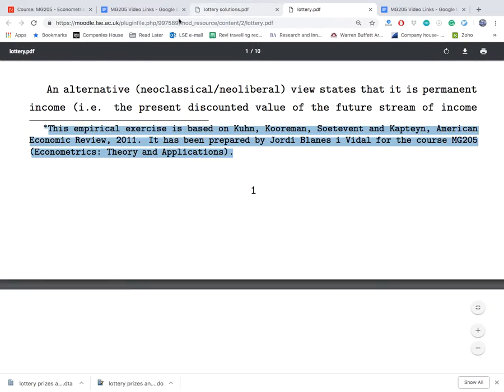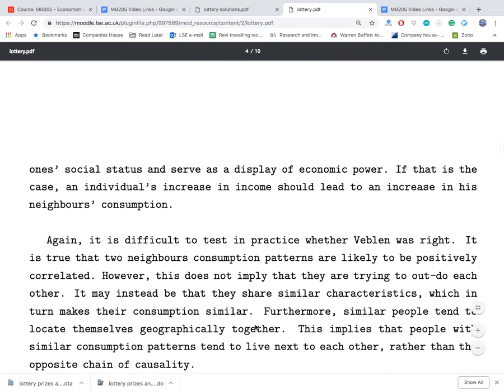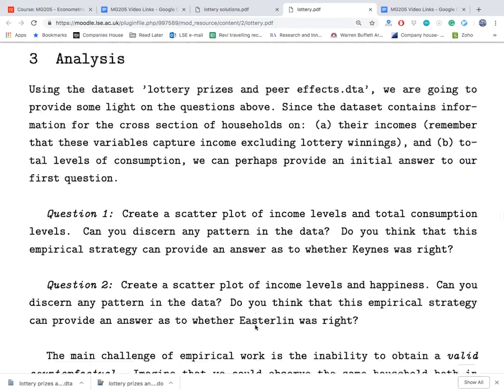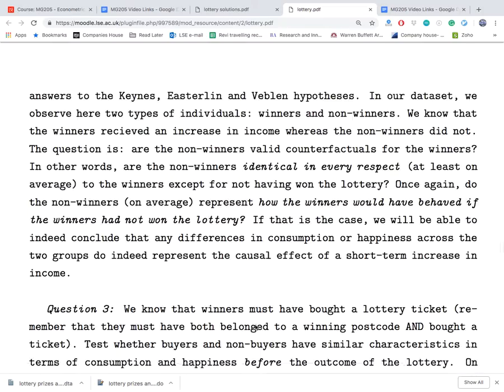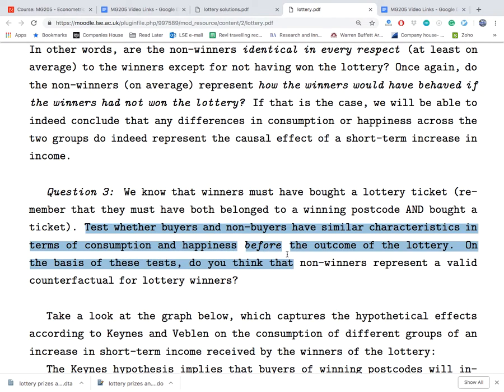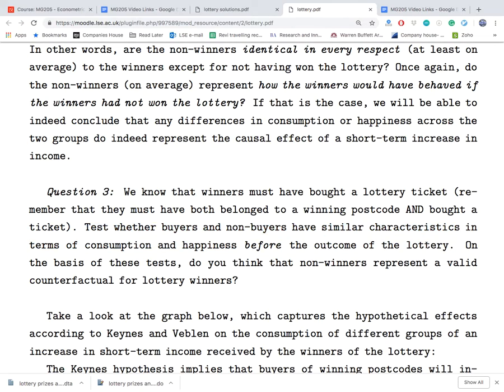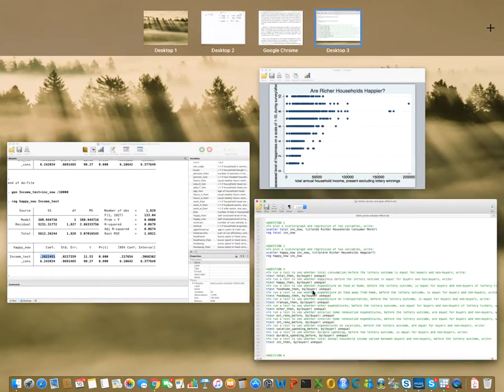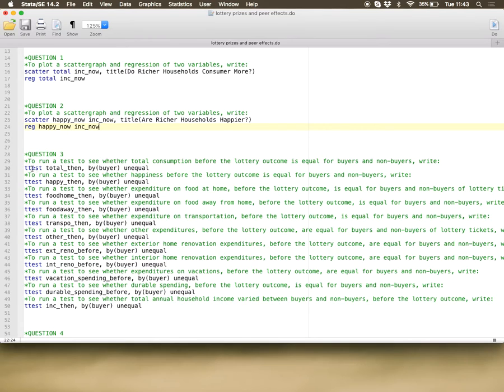So if I want to focus on finding valid counterfactual, question 3 asks us to test whether buyers and non-buyers have similar characteristics in terms of consumption and happiness before the outcome of the lottery. Okay, so what we're trying to do is we're going to run a t-test of the total consumption before by buyer. Let's do this.